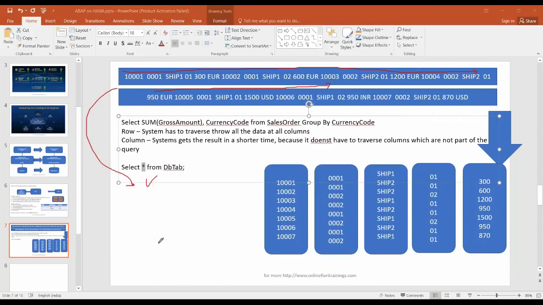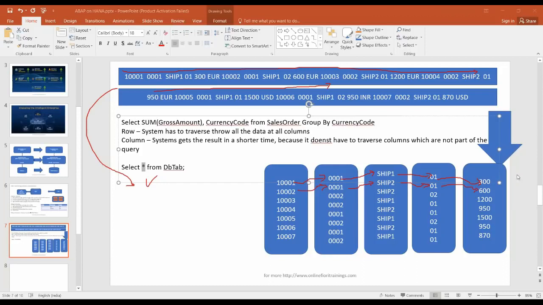Very good, nice. But in the column store now, to construct the tuple or construct the record, once again, it has to traverse through all these tiny tables, and then it is going to construct that record. The column store in this case is very expensive, because it has to go through multiple tables to reconstruct your data.